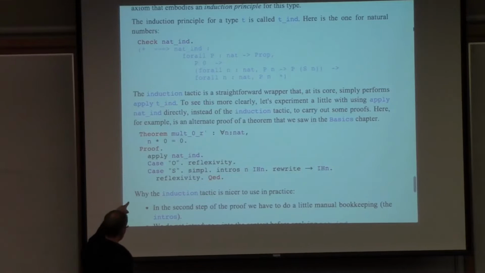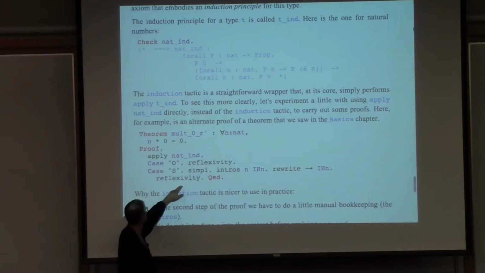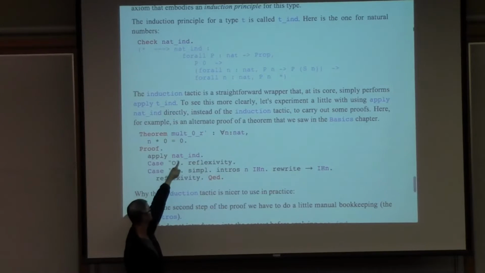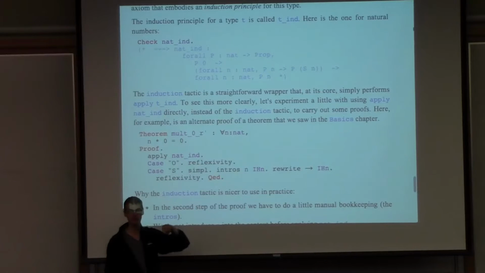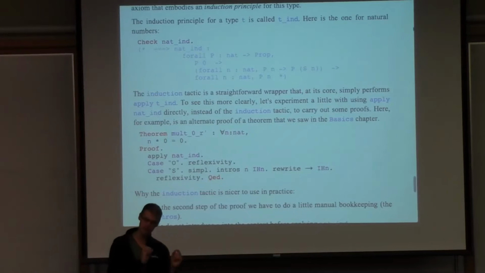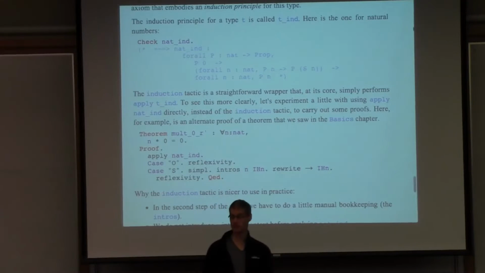So this proof illustrates that by proving a simple fact about multiplication without using the induction tactic, simply by doing apply nat_ind. If you work through this proof, you'll see that it differs in a few details because nat_ind is slightly lower level than the induction tactic. But basically, it's exactly the same thing going on.